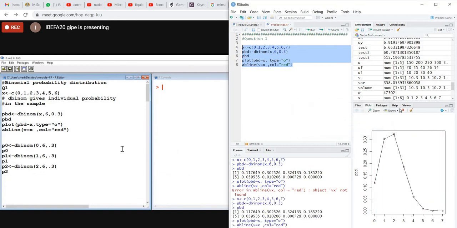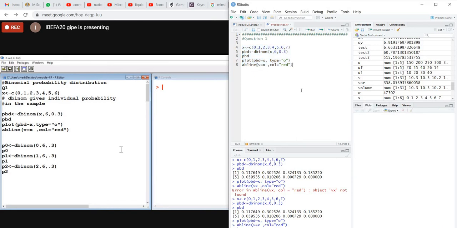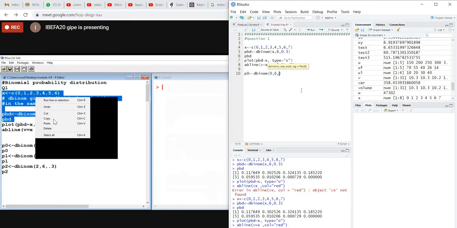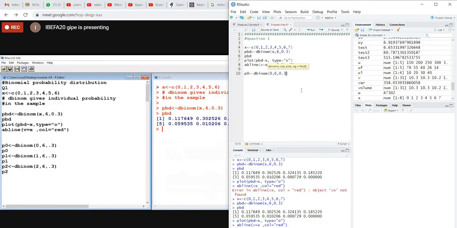That is the syntax. So let me see the answer. I got it.